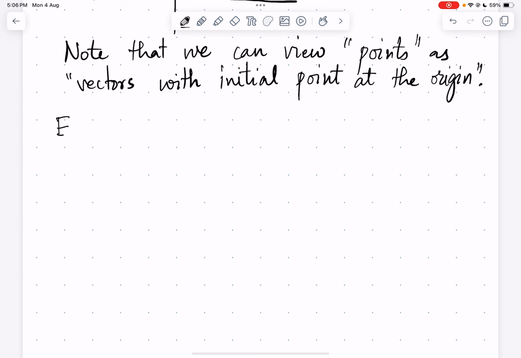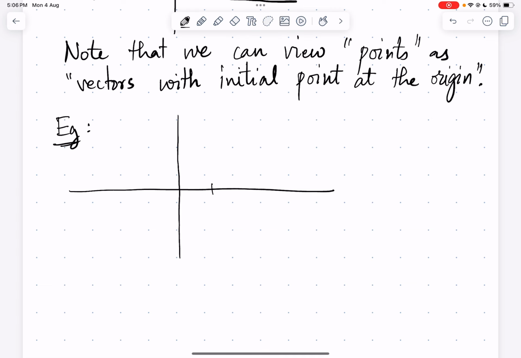So for example, this point can be viewed as a vector 3 comma 2.